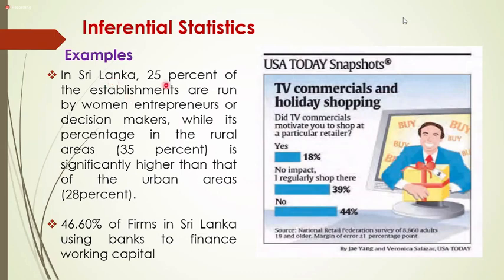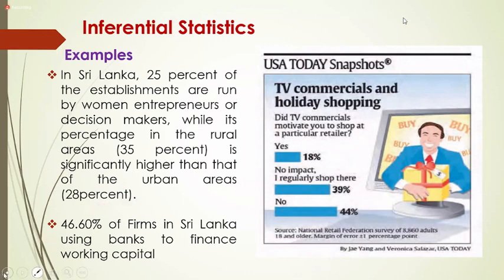They didn't make any sample; they considered the whole country. So in Sri Lanka, they make a decision that 25% of the establishments are run by women entrepreneurs or decision making. In the rural, they have 35%, but in the urban, 28%.